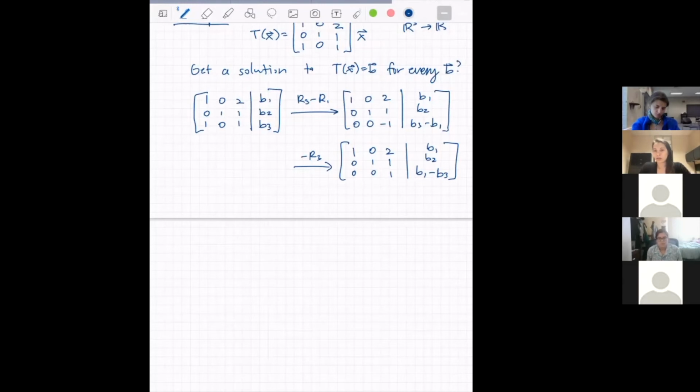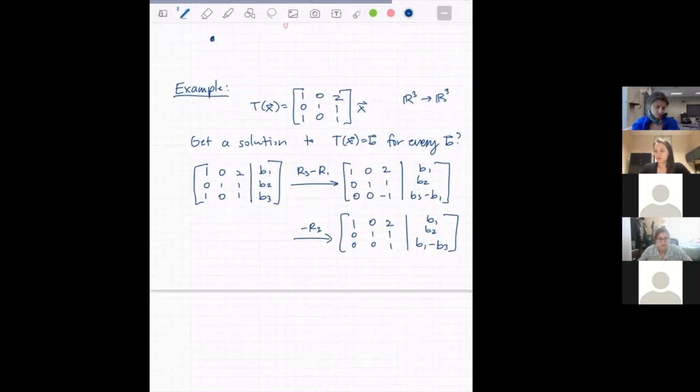So what do you know at this point? Does anybody want to take a guess? At this point, since there's no free variables, we know that it's going to be consistent for every value of b. Like we aren't going to have any instances where 0 equals a number.